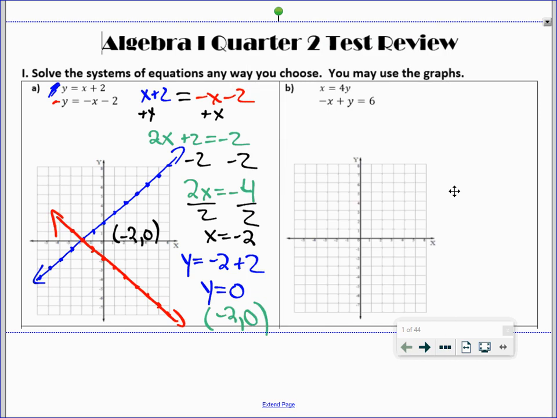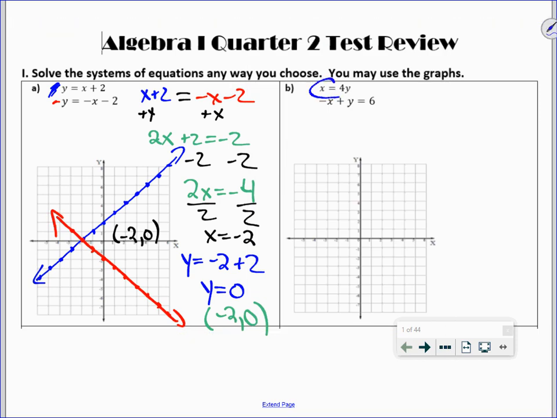So, that's that problem. For the second problem, here it's solved for one of the variables. So I'm going to go ahead and do this one via substitution. So -x plus y equals 6. But I know x equals 4y. So I get -4y plus y equals 6.